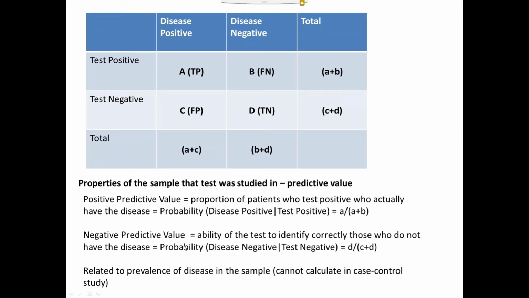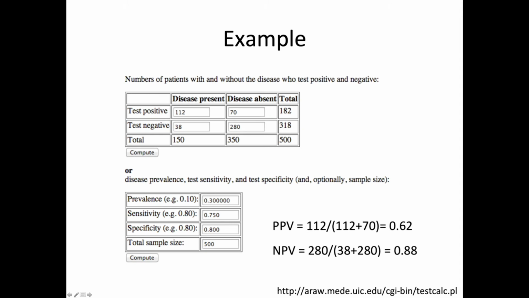And negative predictive value, the ability of the test to identify correctly those who do not have the disease, so the probability of having a negative test and being disease negative. And just a reminder, again, this can only be done in cross-sectional studies. You can't calculate it in case control studies because you don't really understand the prevalence of the disease in the population.